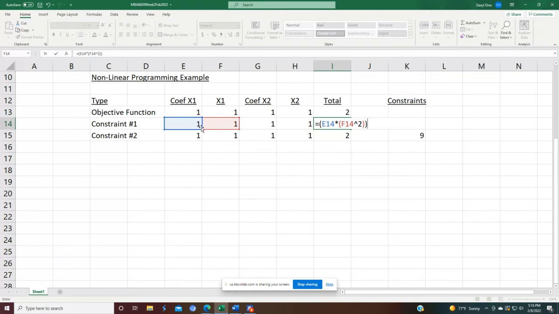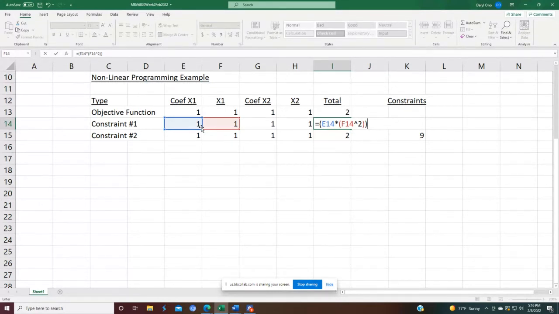Were those all cell references to the previous cell? F14 is a cell reference to F13. Okay. And same thing G14. H14 is a cell reference to H13. Okay, thank you.